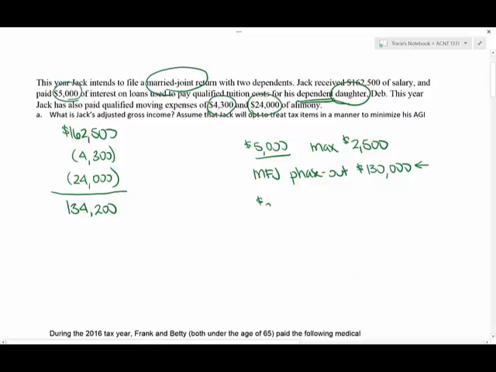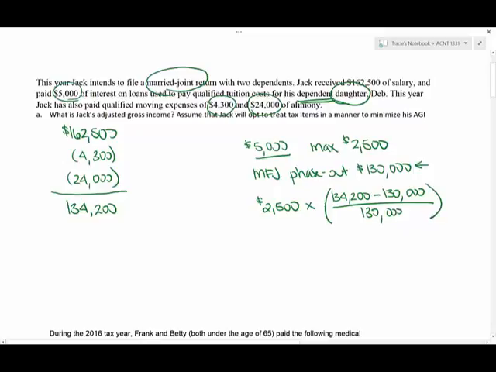We're going to take the $2,500, which is the amount that he is allowed, and multiply it by a ratio. The ratio is going to be his modified adjusted gross income, $134,200, minus the phase out amount, $130,000, divided by the phase out amount, $130,000.